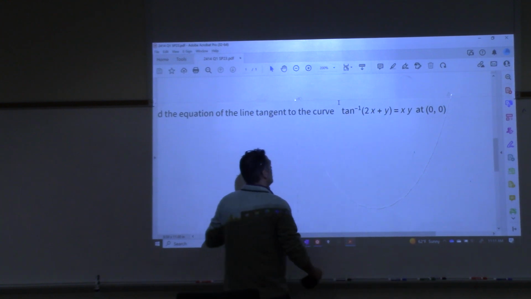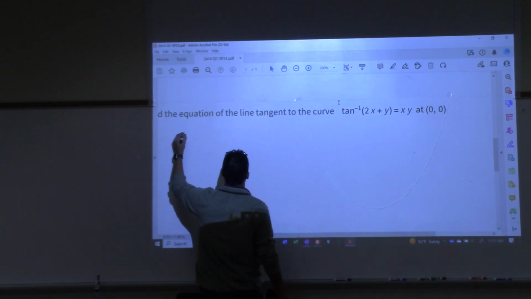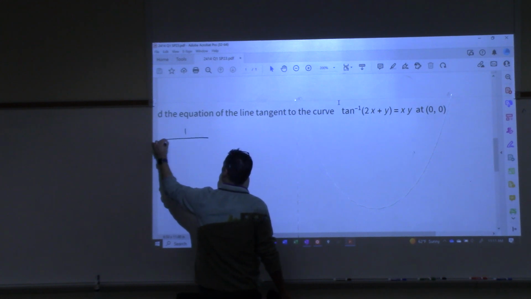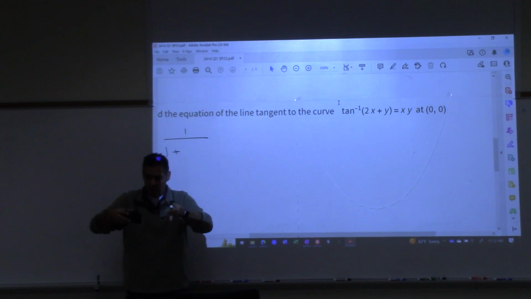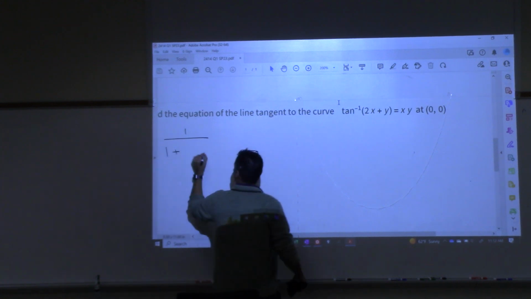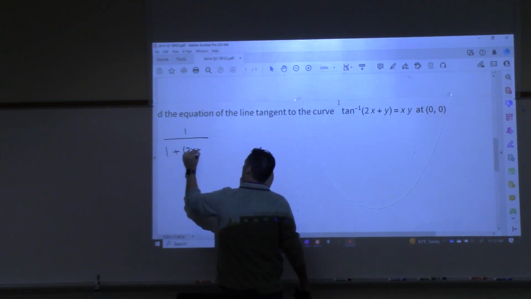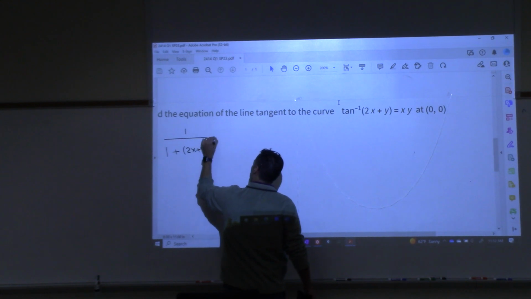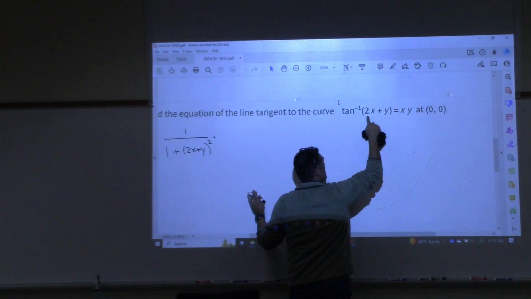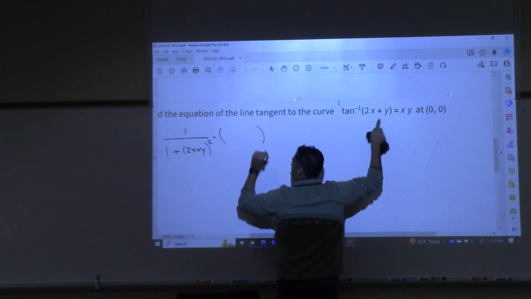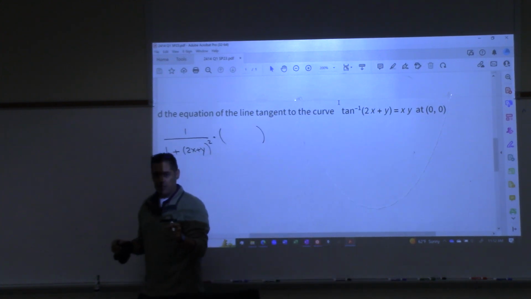Derivative of the left side, chain rule again: the derivative of inverse tangent of something is 1 over 1 plus the argument squared. The argument is 2x plus y, squared, times the derivative of the argument. There are two terms, I can do them one by one, differentiating with respect to x.